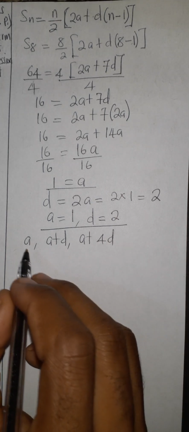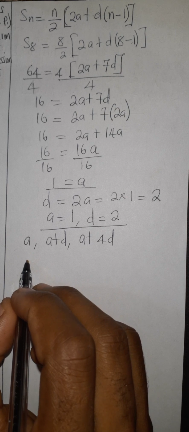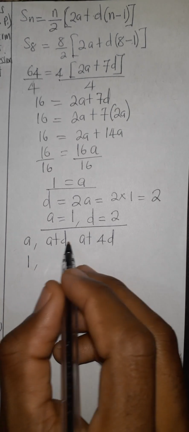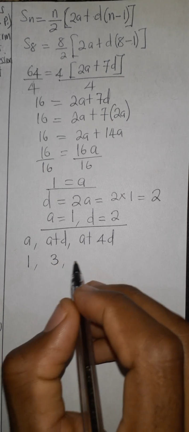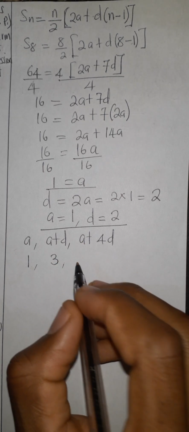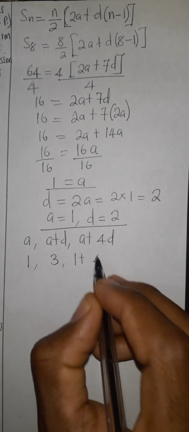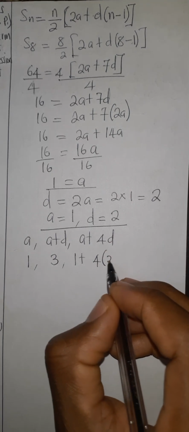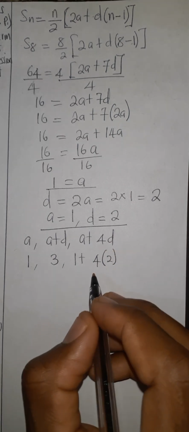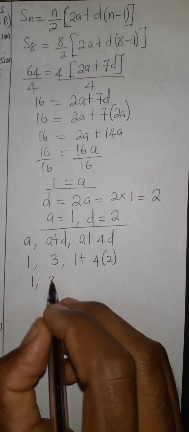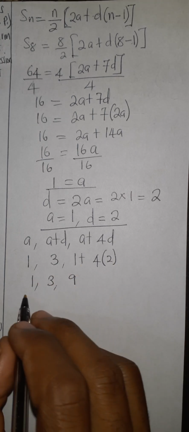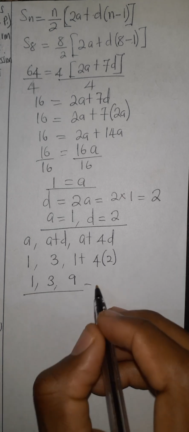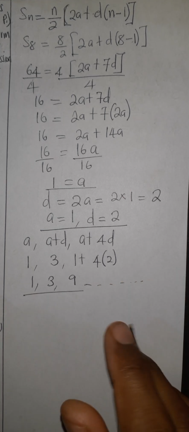So the first term is 1, then 1 plus 2 is equal to 3, then 1 plus 4 bracket 2, which is 1 plus 8, which is 9. So this is the sequence that is generated, and the sequence goes on.